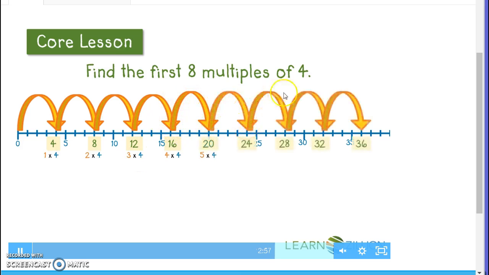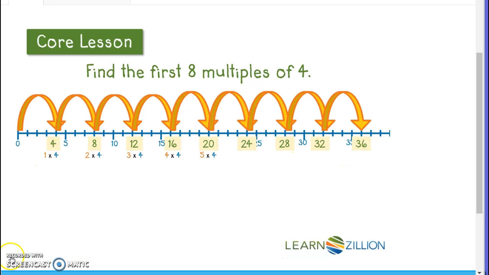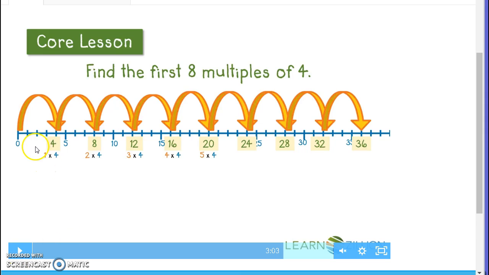Then 20, 24, 28, 32, 36. So going through, if you know your facts, you'll be able to do the factors too. So here's 1, 2, 3, 4, 5, 6, 7, 8, and this is actually the 9th one. So 36 is not going to be included in the first 8 multiples.